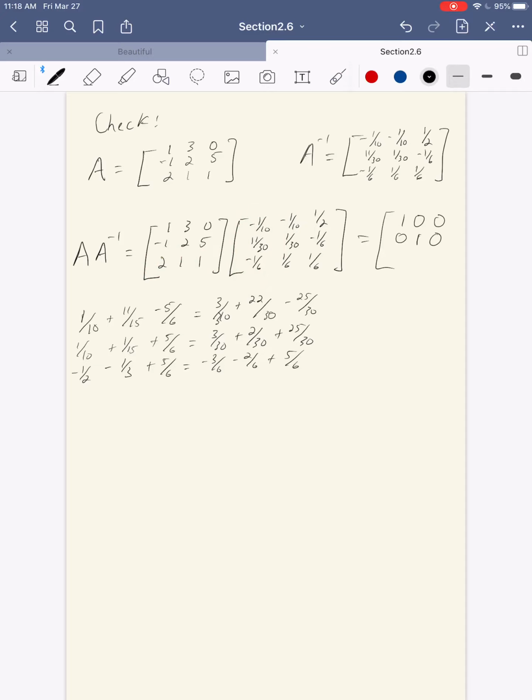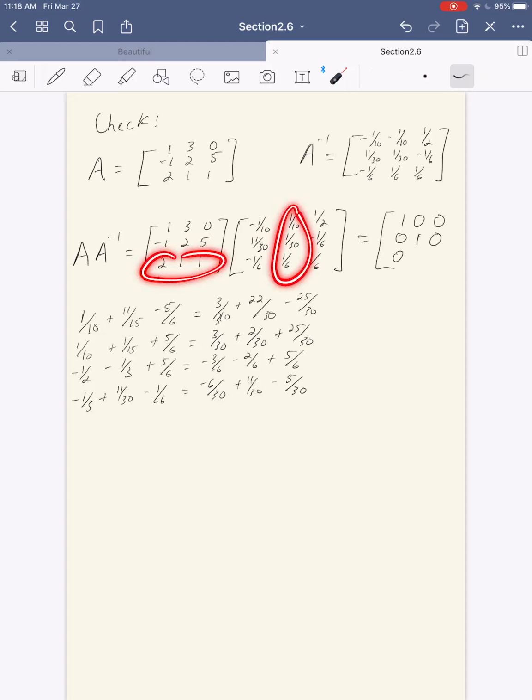If we do that, we should get negative 1/5, 11 over 30, and minus 1/6. Again, we can change all that. That's going to be negative 6 over 30, 11 over 30, and minus 5 over 30. So that is indeed 0. This one times this row, we should get negative 1/5 plus 1/30 plus 1/6.